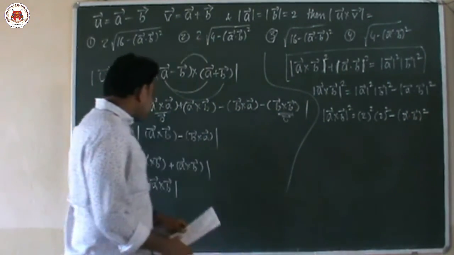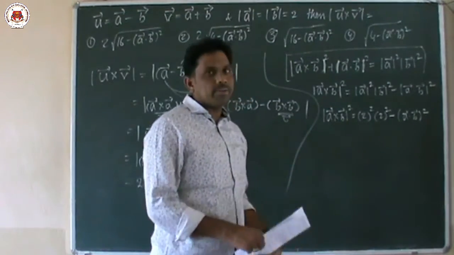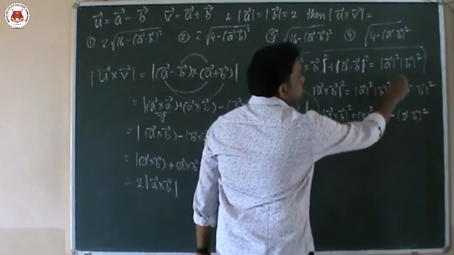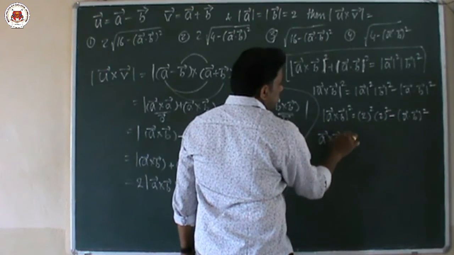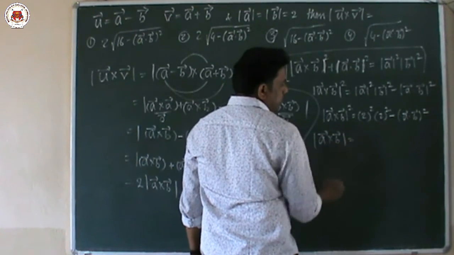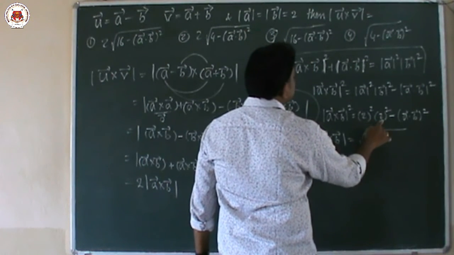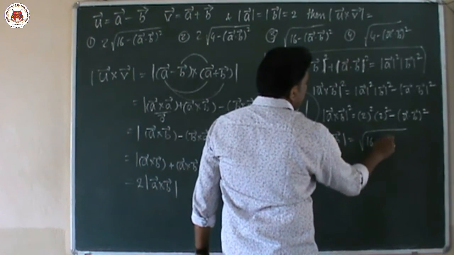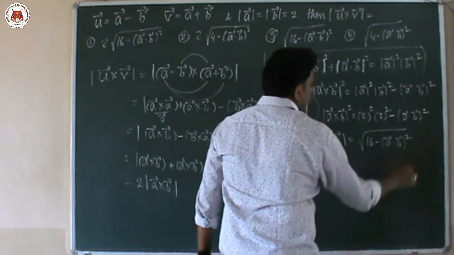So children, I want only A cross B, but here we have A cross B whole square. To remove this square, we put the square root. Means mod of vector A cross vector B is equal to the square root of 2 square, means 4, 4 fours are 16, 16 minus vector A dot vector B whole square.